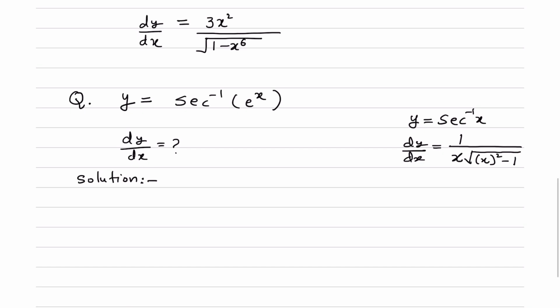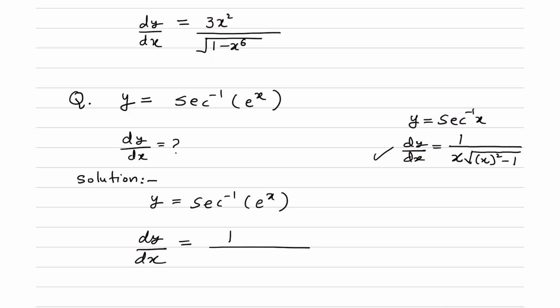Now let's use this formula to find the derivative of the function y is equal to secant inverse e power x. So we have dy by dx is equal to 1 over angle. Since the angle is e power x, we will put it here, and inside the square root angle square minus 1, and the angle is e power x, so here we will put e power x, multiplied by the derivative of the angle.